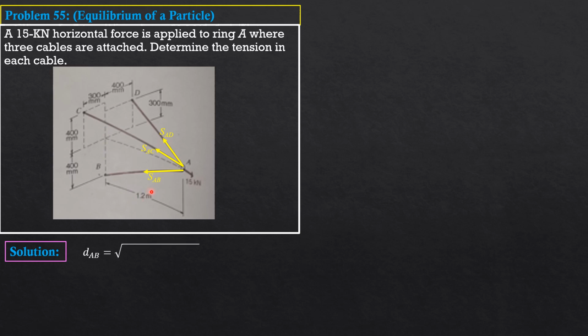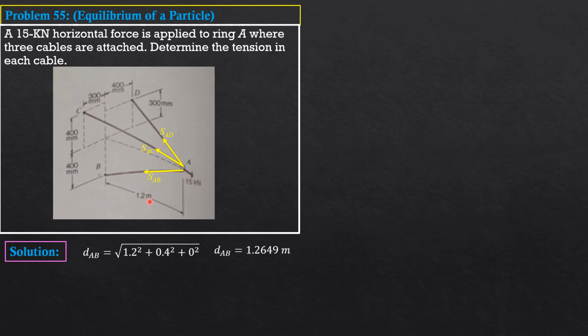So distance AB is square root of 1.2 squared plus 0.4 squared, then 0 along X or along Z. Let's call this the X-axis, the Y-axis vertical, then Z, this axis here going forward. So distance AB is equal to 1.2649.